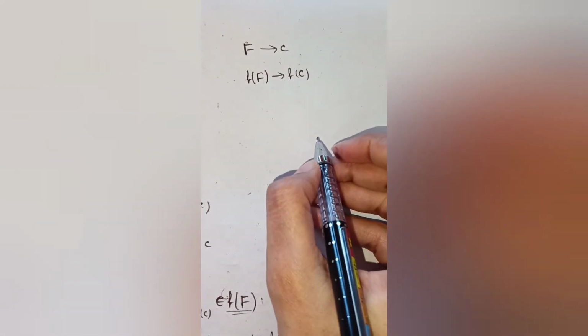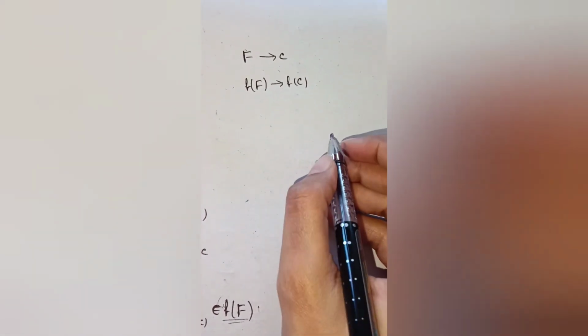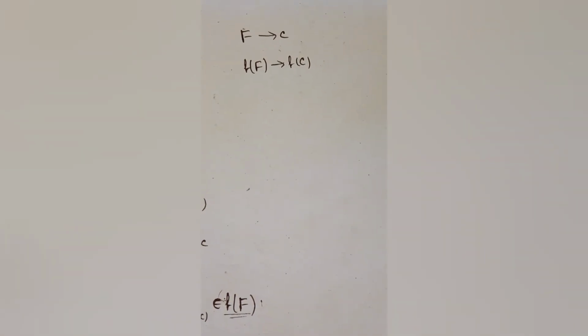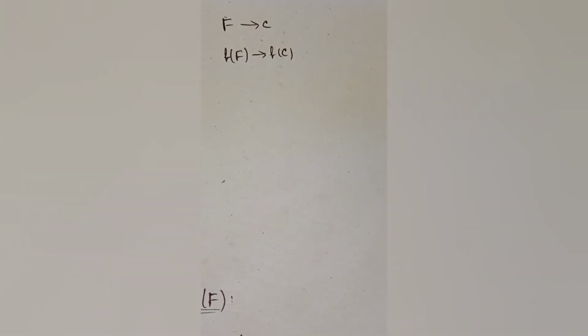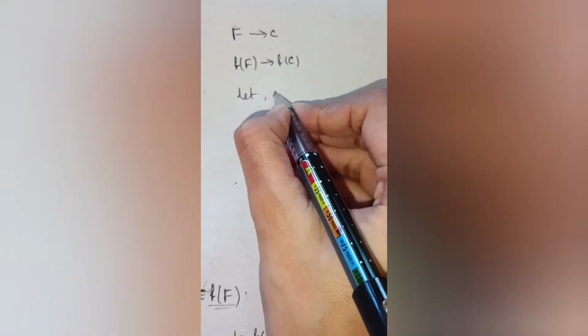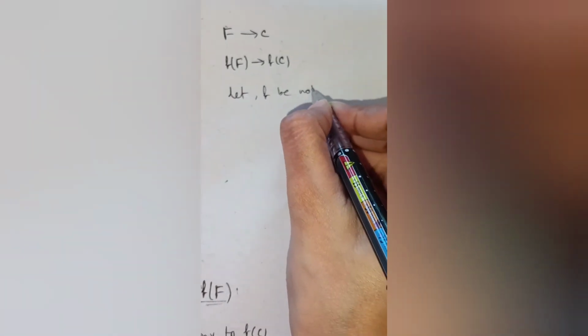This is in our hands, so we have to prove that f is continuous. We will prove this by contradiction. If possible, let f be not continuous.